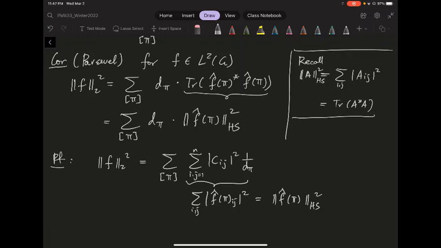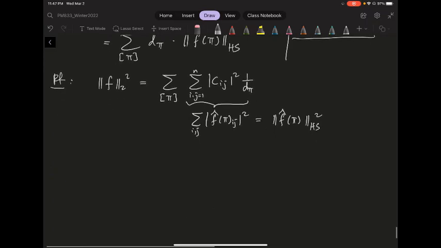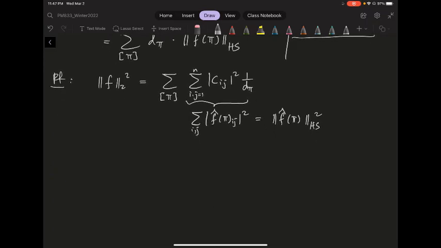So that's another nice way of computing the 2 norm. I just want to briefly mention that this map from f to f hat really looks like the Fourier transform we saw in the abelian case. This map satisfies many nice properties.